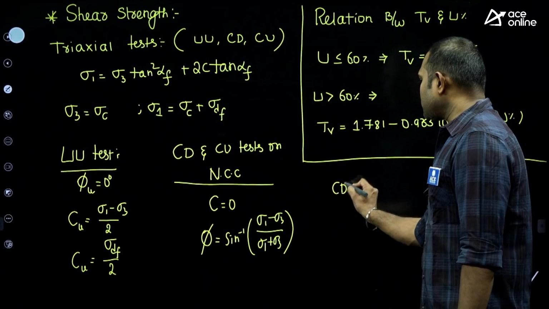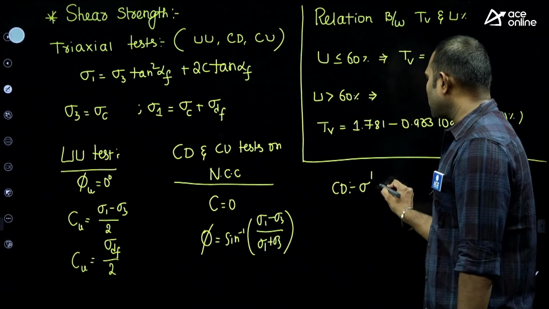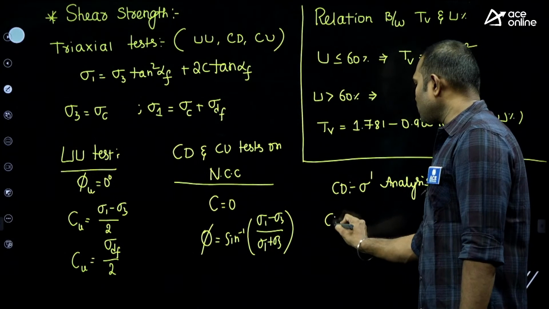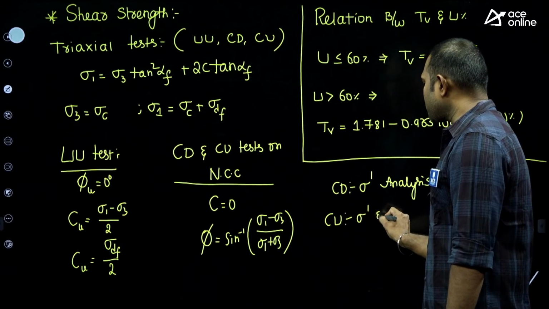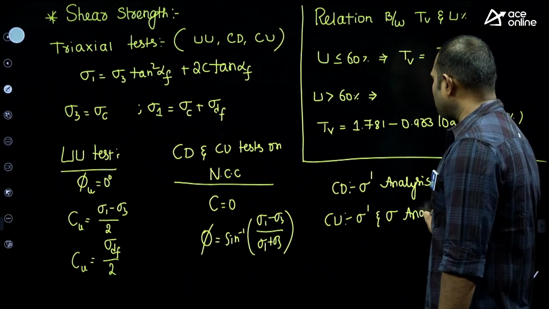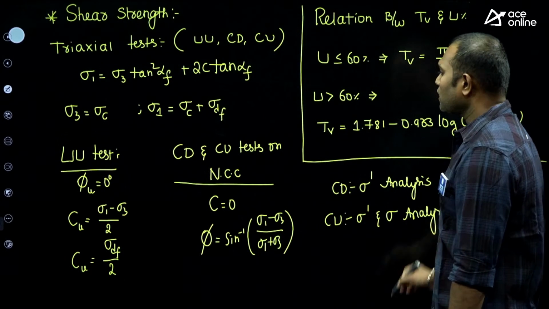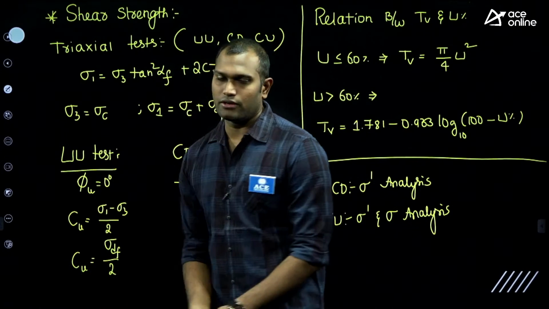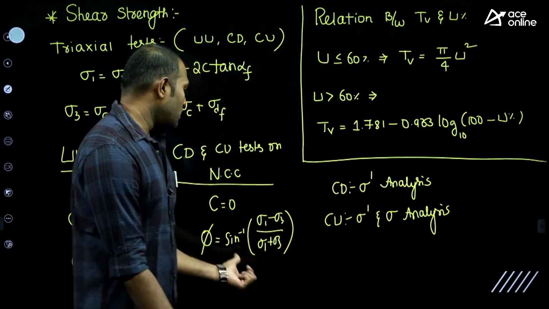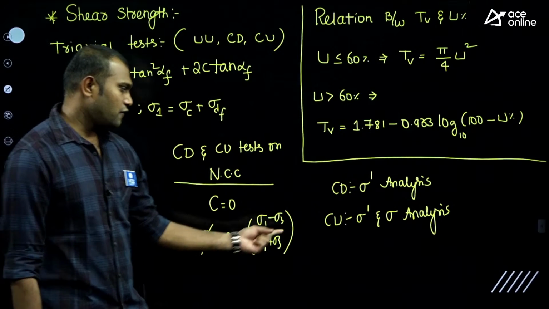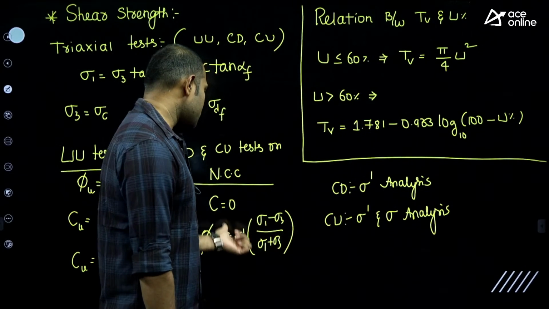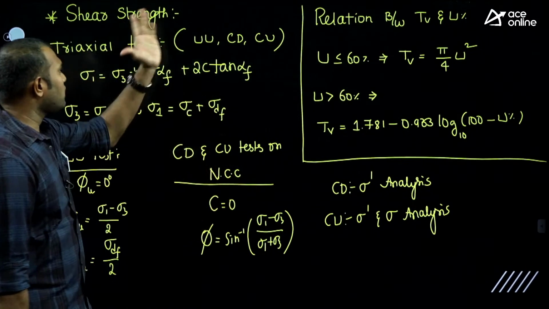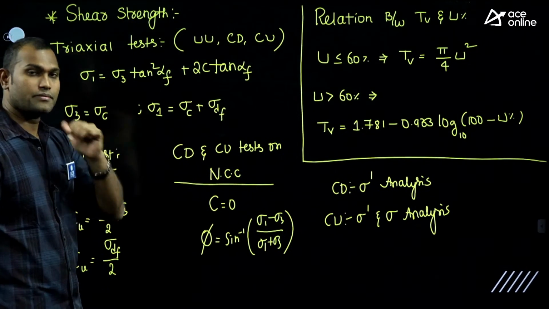Whereas the CD test is effective stress analysis, and the CU test involves both effective stress and total stress analysis. Both have to be considered. In the UU test, that is total stress analysis, which is nothing but phi u and Cu. For the CD test, these are C dash and phi dash. For the CU test, it is Cu and phi u, and C dash and phi dash also. This topic is very, very important in the case of the triaxial test.